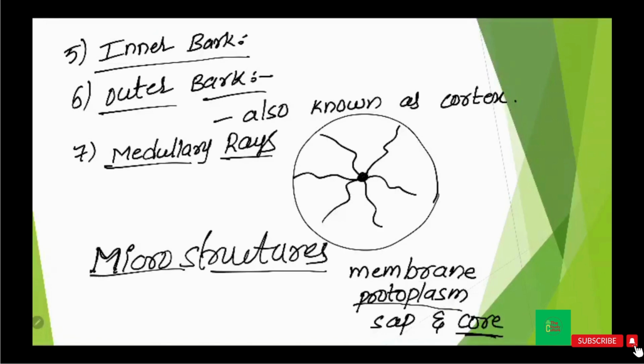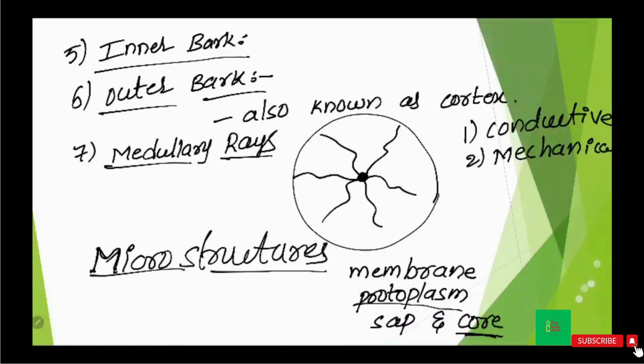The cells, according to the function they perform, are classified into three types: conductive cells, mechanical cells and storage cells.